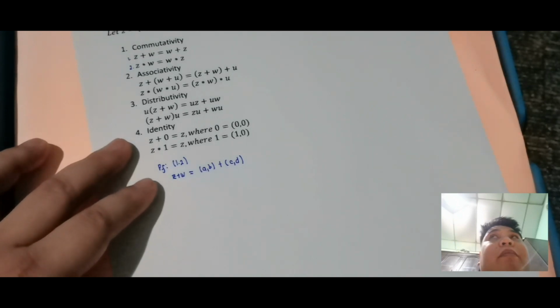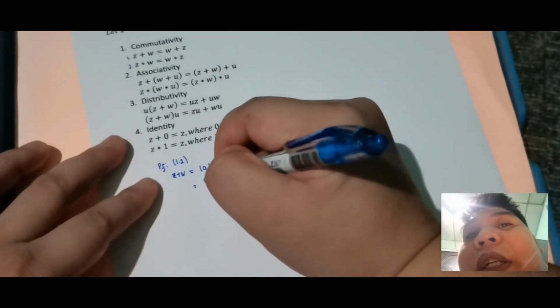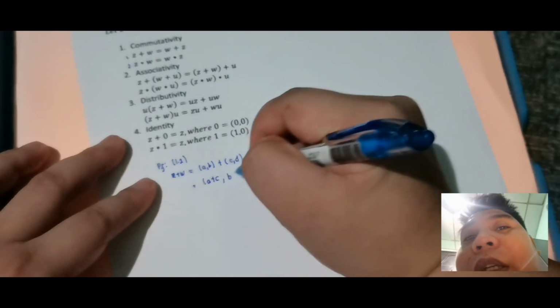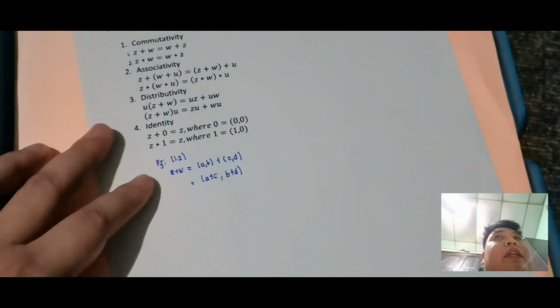Okay, next, by definition of operation of two complex numbers in RCF, so this is equal sa (A plus C, B plus D).